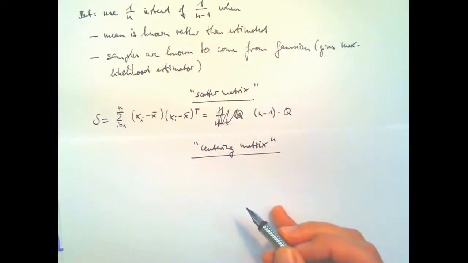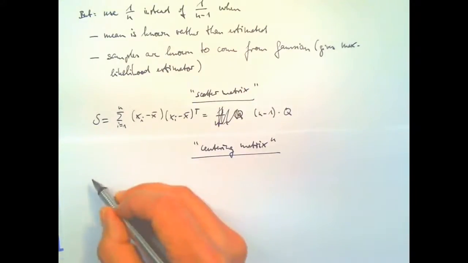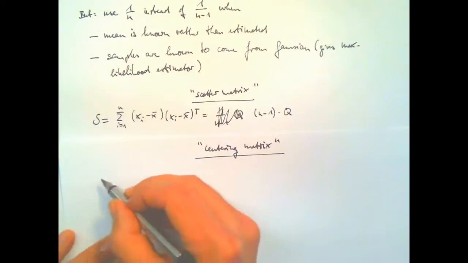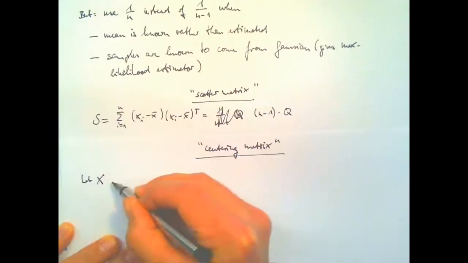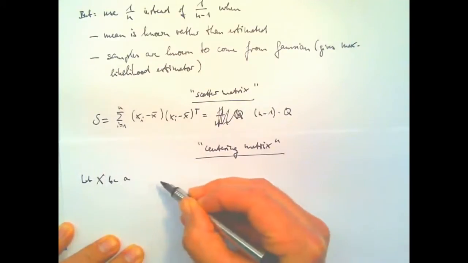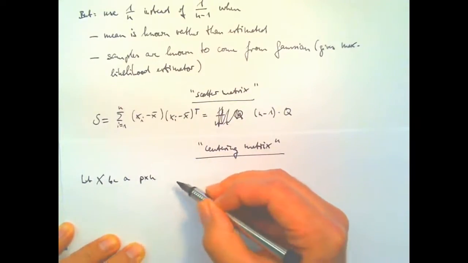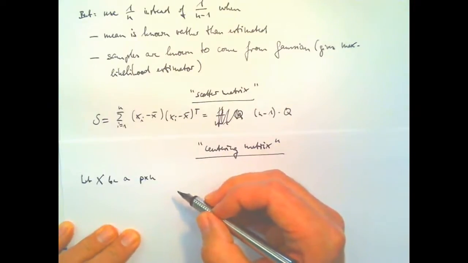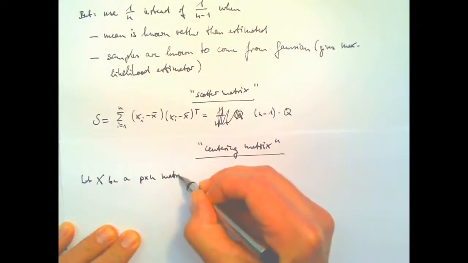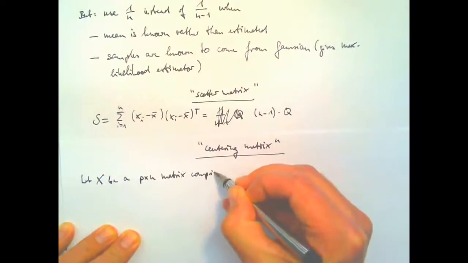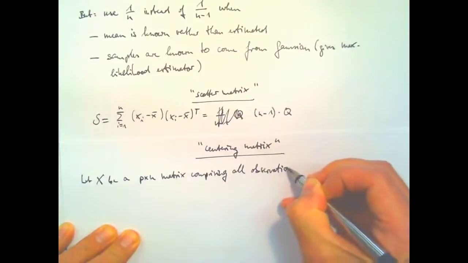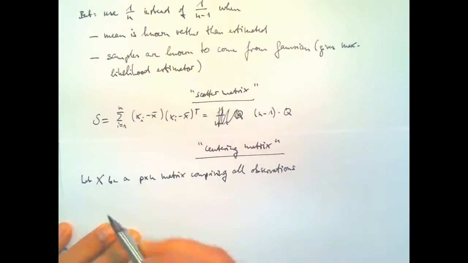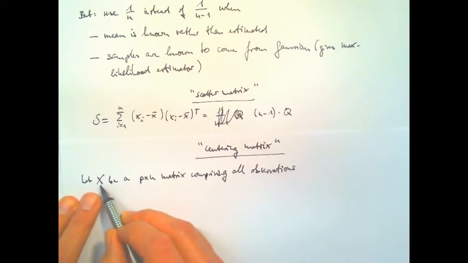So let X be a P by N matrix comprising all observations. So I've used a capital X, but now it's no longer a random variable. It is a matrix holding all my observations.